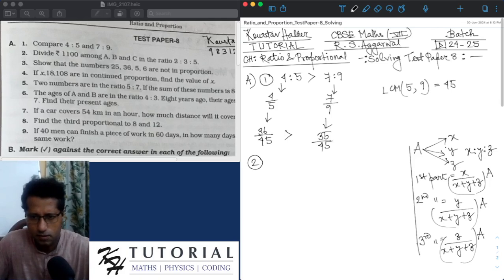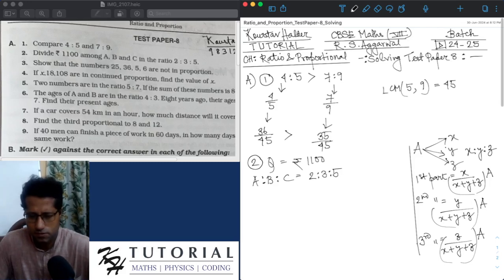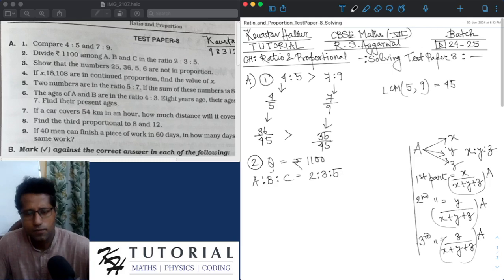So let's say the total quantity Q is rupees 1100, and the three parts A, B, C, their ratio is given as 2:3:5. Now we consider that A, B, C are the three parts which get divided from the rupees 1100.